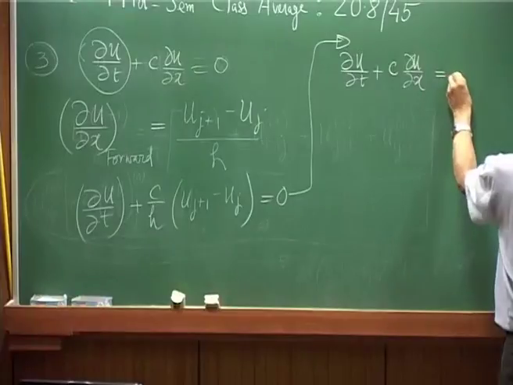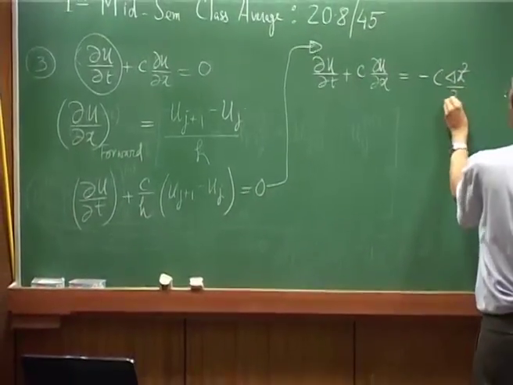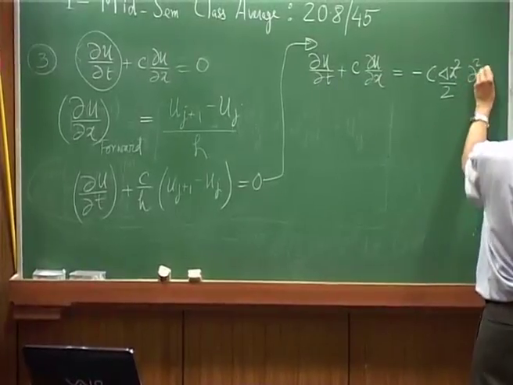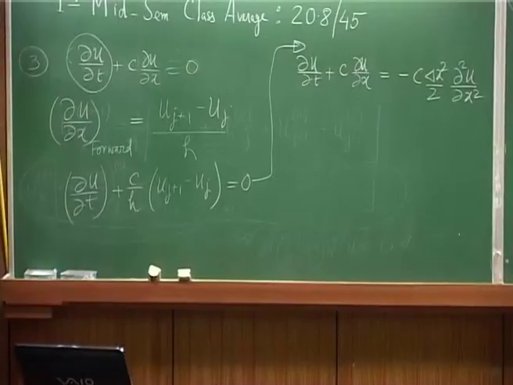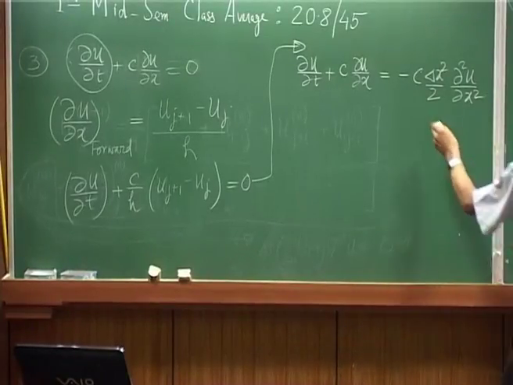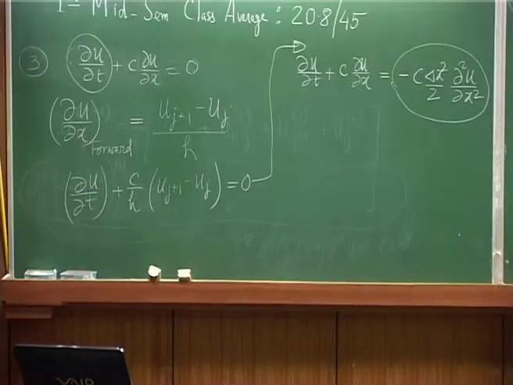If I put it on the other side, that will be C delta x squared by 2. This is the leading term, that is all you need to worry about. And the sign of this will alert you that this is not proper, because instead of dissipating, it is actually going to amplify the solution.